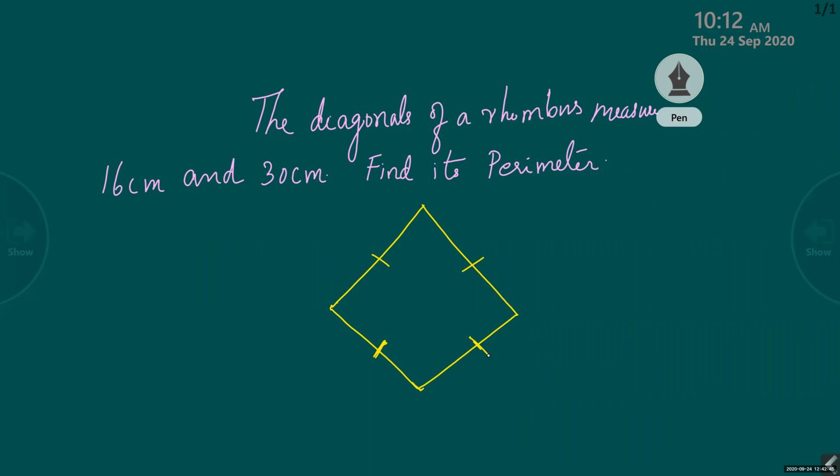Clear? Now, this is a rhombus. I told you all the sides are equal. One more peculiarity is there for a rhombus. That is, what is a diagonal? Last class we discussed it in the case of a rectangle.